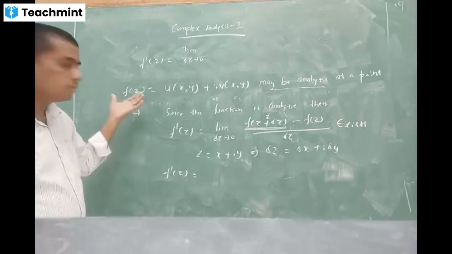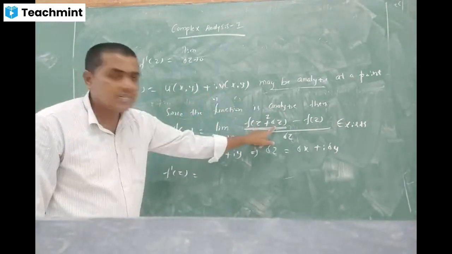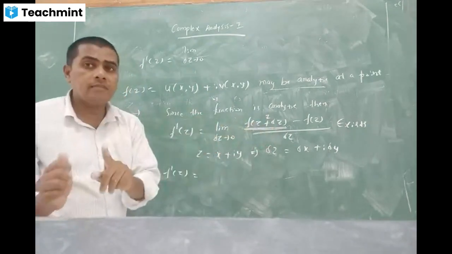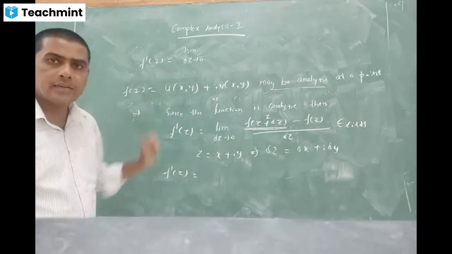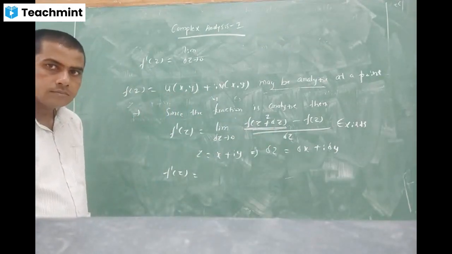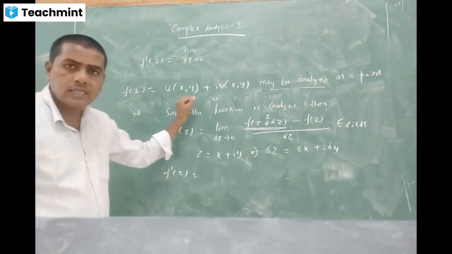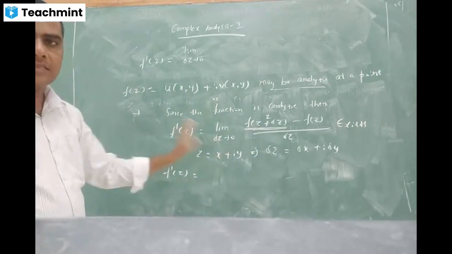It is u of x comma y plus i into v of x comma y. What did I say z plus delta z is? It is nothing but the increment value, right? Then what about x comma y? What is the increment in x, what is the increment in y? Once this is understood, the next thing can easily be understood.